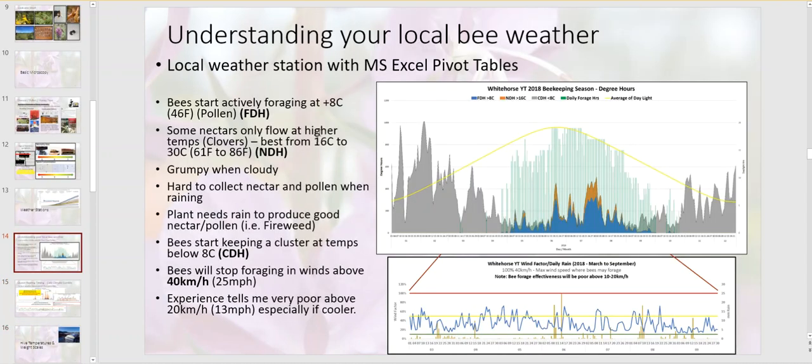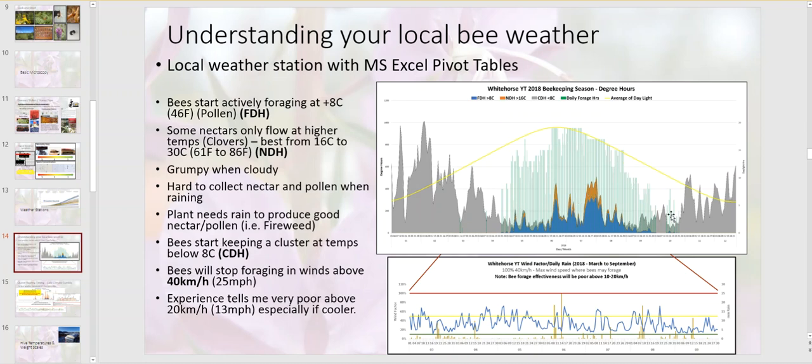Using the same weather data, I developed some forage intensity indicators. So temperatures over 8 degrees C is this blue area. So this is where the bees could be foraging for pollens. 16 C and above, that's where most likely foraging for nectar would occur.